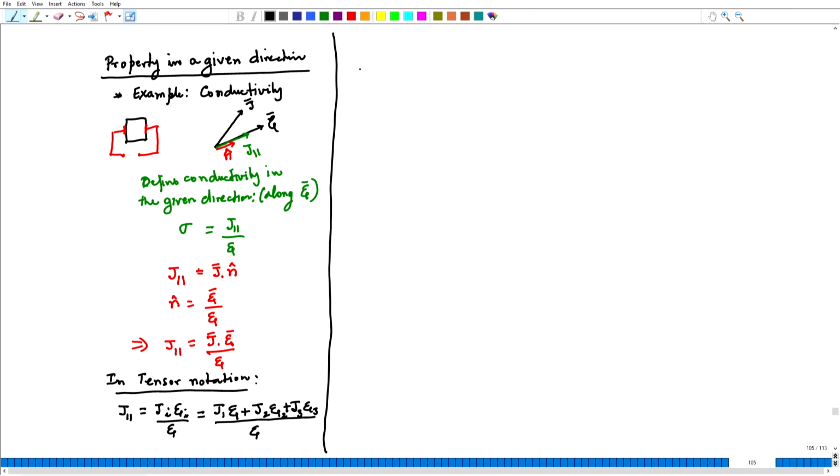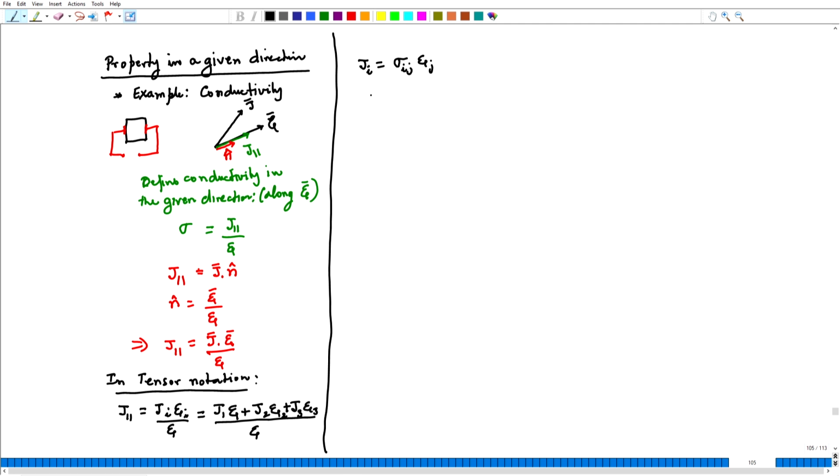Now, we already know that the flux Ji equals the component of the conductivity tensor sigma ij multiplied by Ej, where j is a dummy index, so it becomes a summation over j equals 1 to 3.